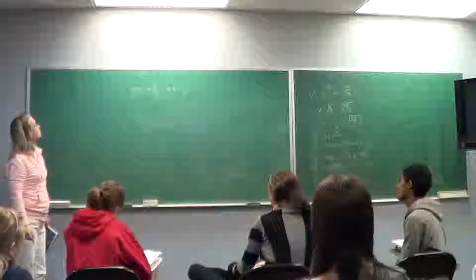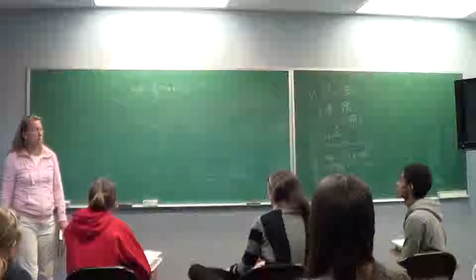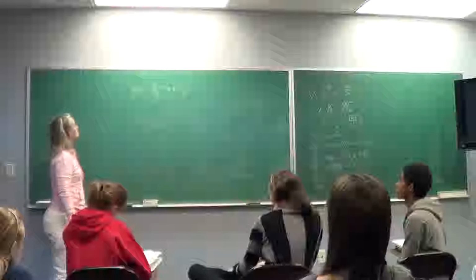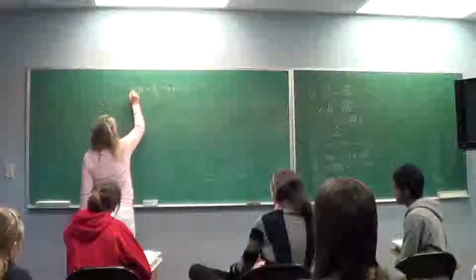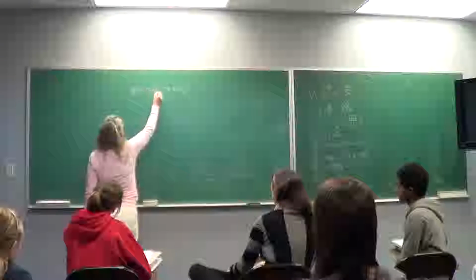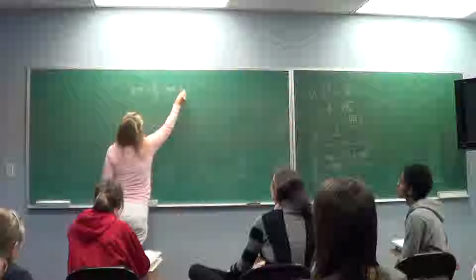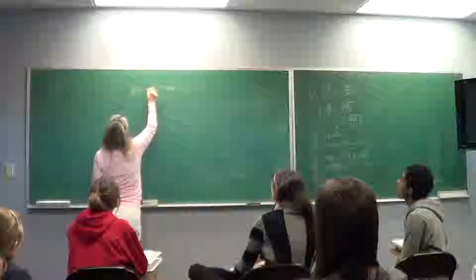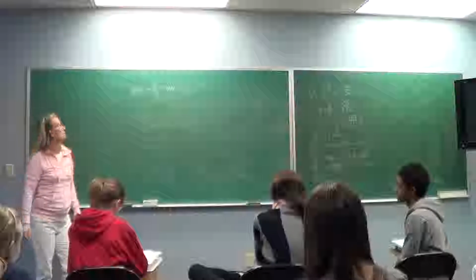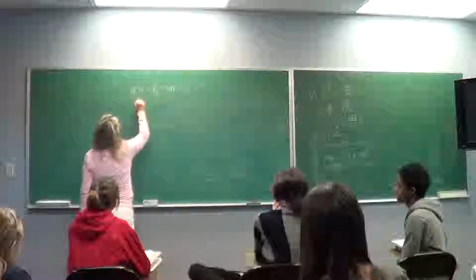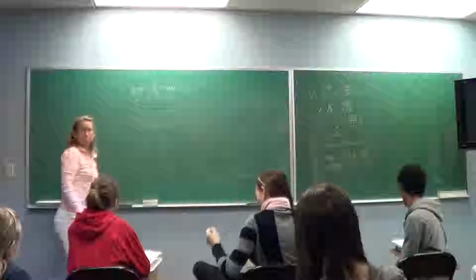We have 3 oxygens on one side, 2 on the other. That's not going to work. So 2 CO plus O2 yields 2 CO2. That works, right? So now our ratio is 2 to 1 to 2.